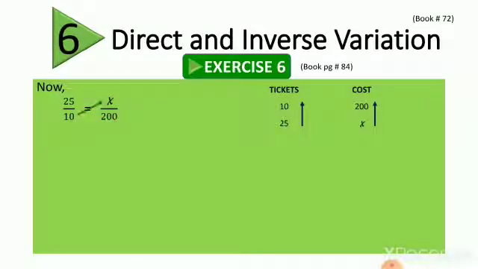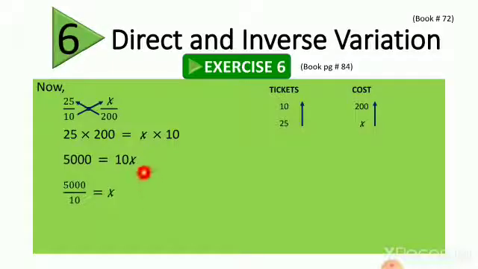Now we have to do the cross multiplication like this. 200 will be multiplied with 25 and 10 will be multiplied with x like this. Now 25 times 200 is 5000 and 10 times x is 10x.